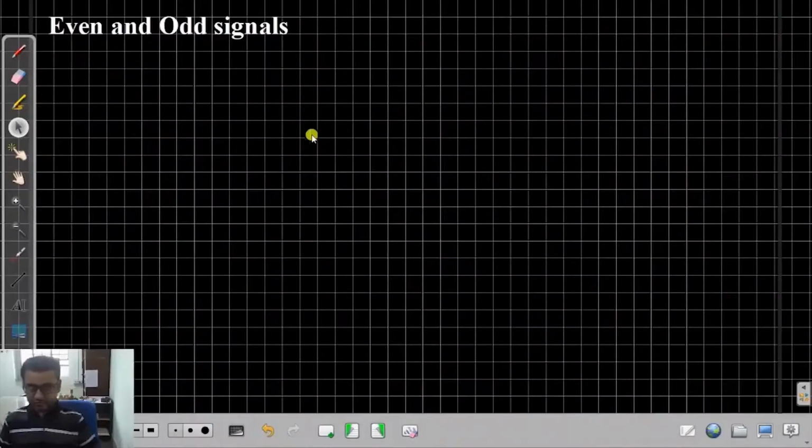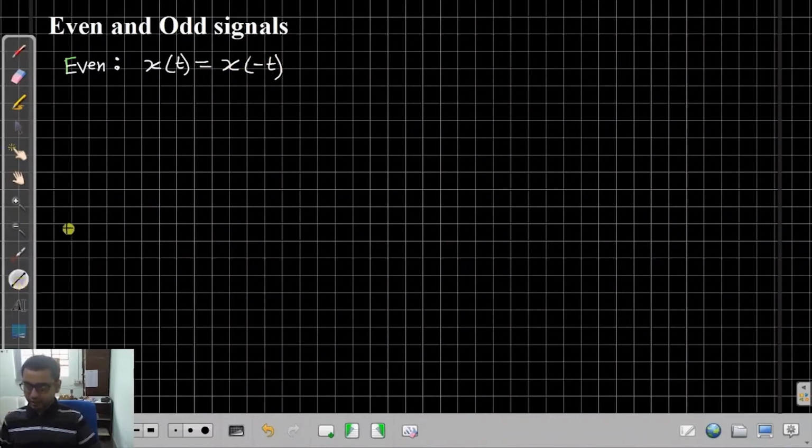Now, the thing that we shall learn today is about odd and even signals or odd and even functions. A function is called even if x of t is equal to x of minus t.